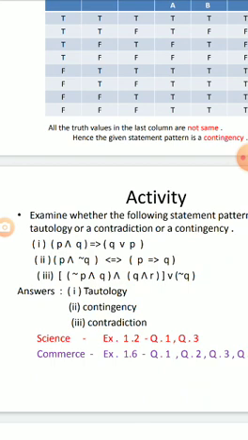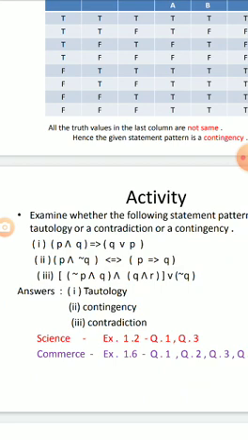Now this is the activity. Here 3 statement patterns are given and you have to decide whether each is a tautology, a contradiction, or a contingency by using truth table.